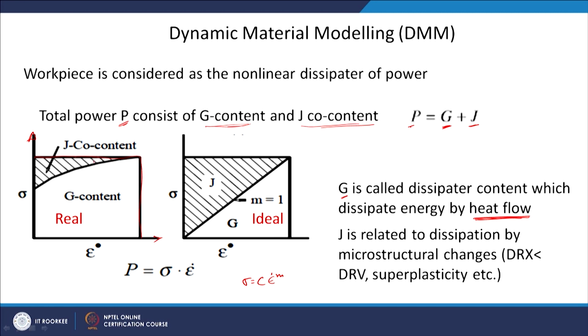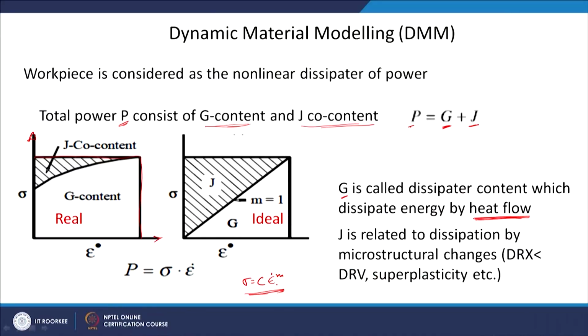It is a typical curve which you get whenever you are looking at stress and strain rate. And of course, the DMM model assumes a power law relationship between stress and strain rate, which may not be true in some other processing conditions, but for the processing conditions they were looking at, they considered it a power law relationship. That is why you see a non-linear variation of stress as a function of strain rate.